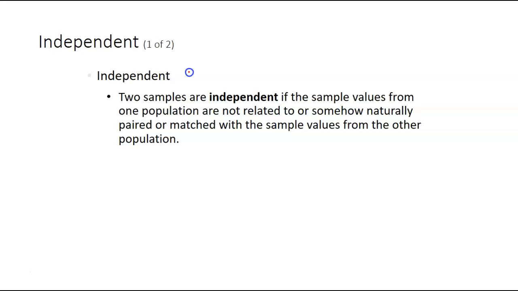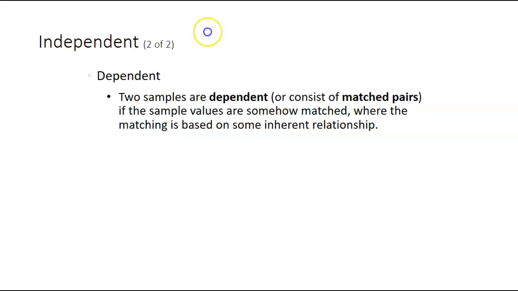So if you've got two samples that in no way are really related, then that would be an independent sample. If it's some kind of before and after type comparison, then that's going to be our matched pairs or our dependent. Dependent would be when you have matched pairs and they're matched up in some kind of inherent relationship.